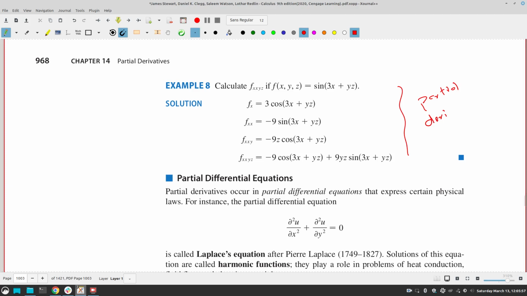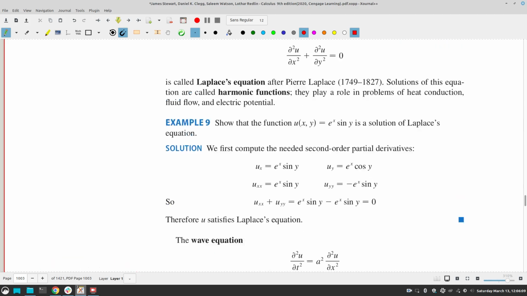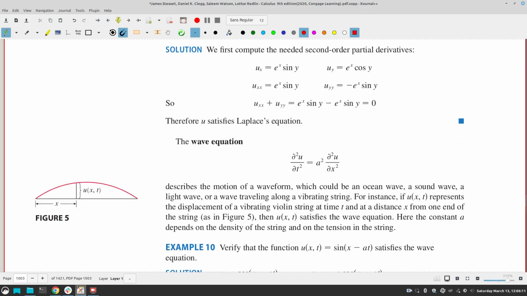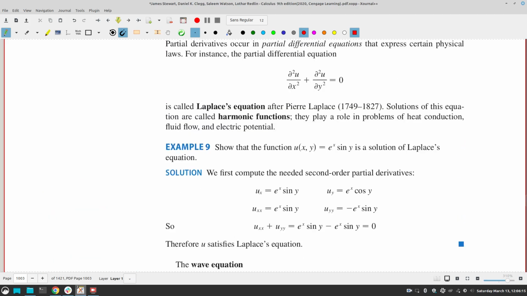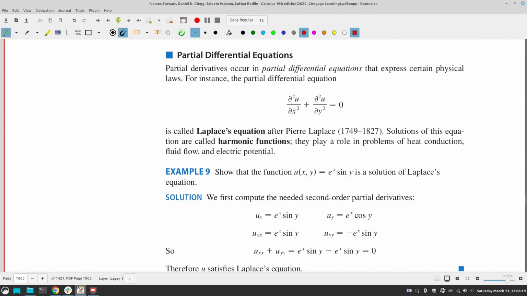And I also want you to look at example 9, which involves a partial differential equation. A partial differential equation is basically a differential equation with partial derivatives.